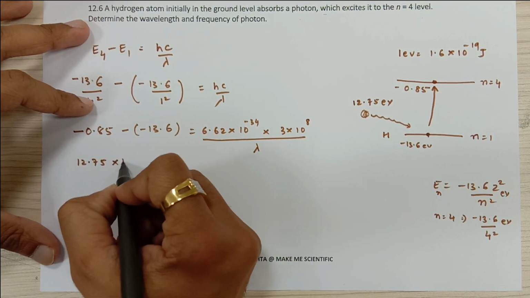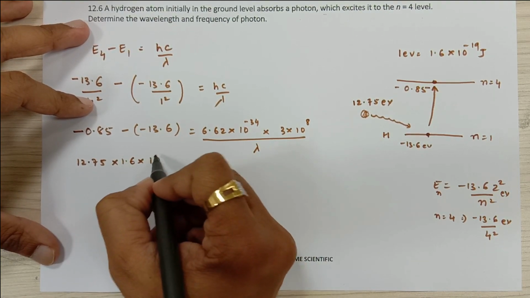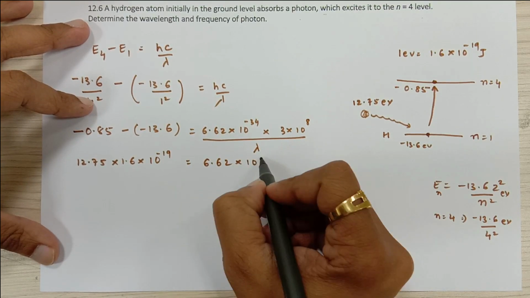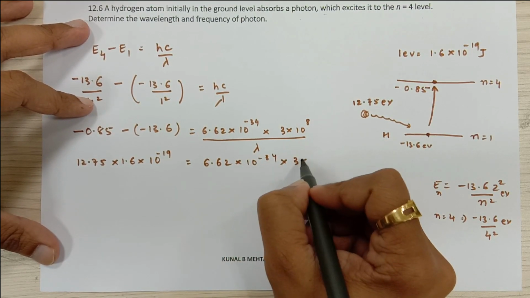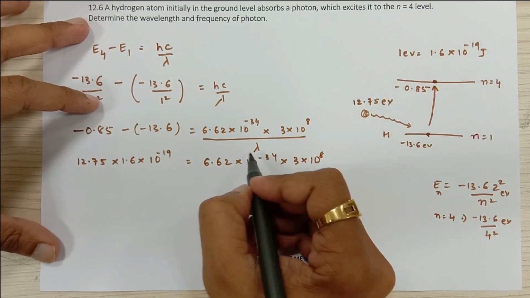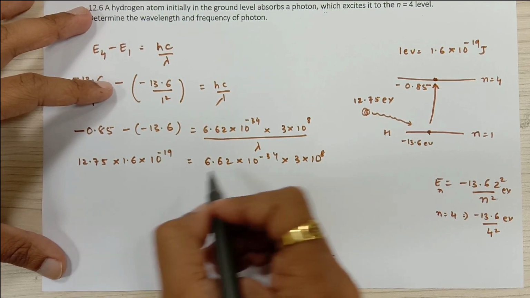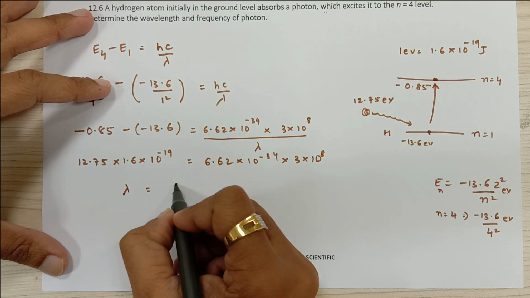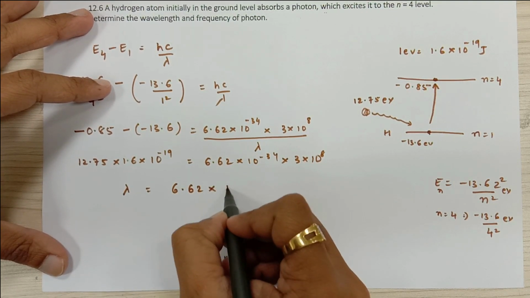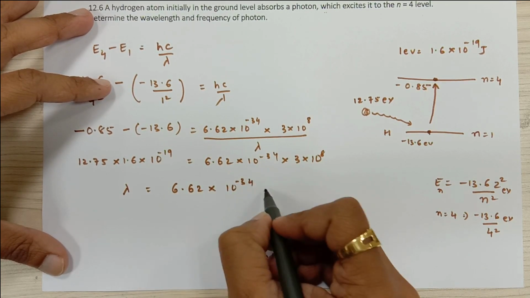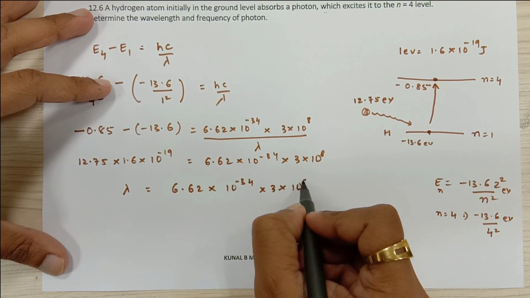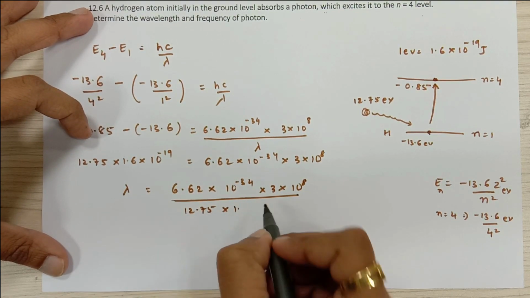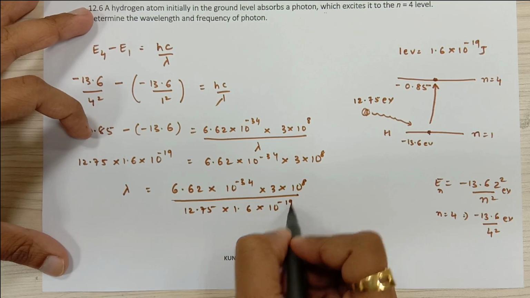So 12.75 into 1.6 into 10 raised to minus 19 equals 6.62 into 10 raised to minus 34 into 3 into 10 raised to 8 upon lambda, correct? Taking lambda over here, lambda equals 6.62 into 10 raised to minus 34 into 3 into 10 raised to 8 upon 12.75 into 1.6 into 10 raised to minus 19.